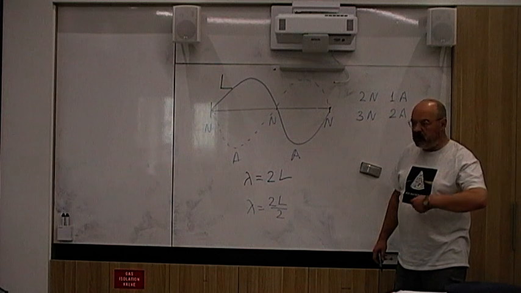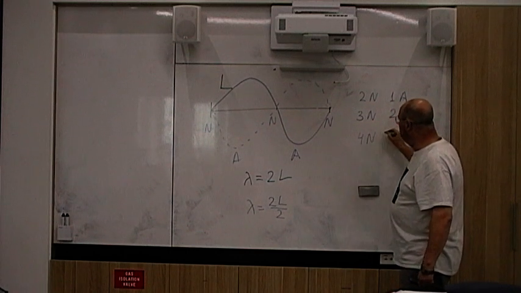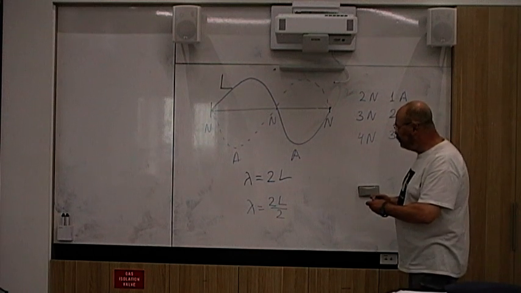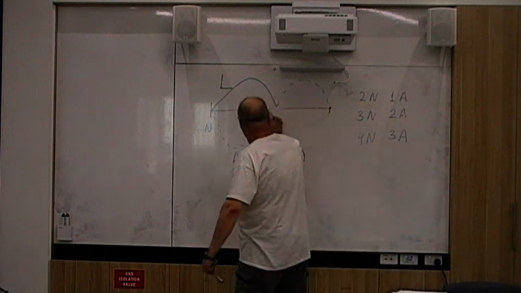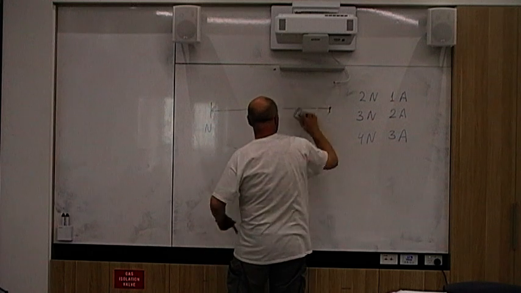Next one, if we continue this pattern, we'll have 4 nodes and 3 antinodes. The next will look like this.